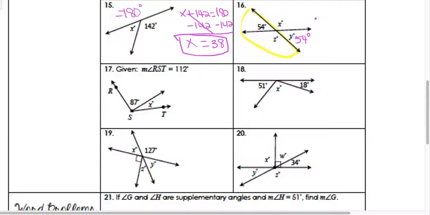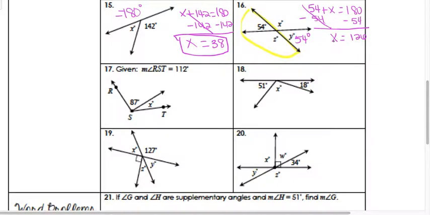All right? So you could just write it this way. You could say 54 plus x equals 180. All right? And then we would have to subtract 54, subtract 54. These would cancel out, bring down my x. And so what is x going to be? 126.